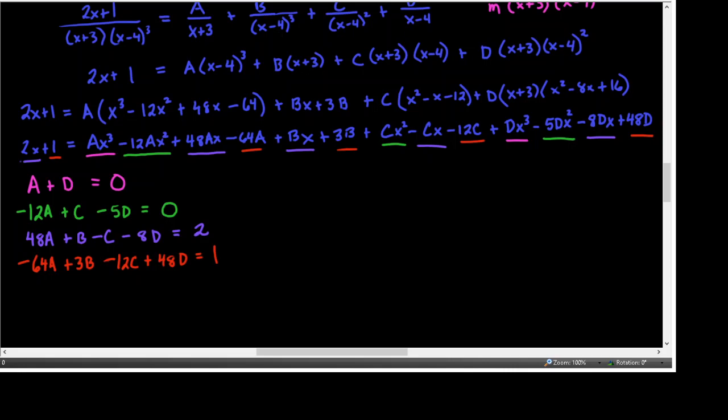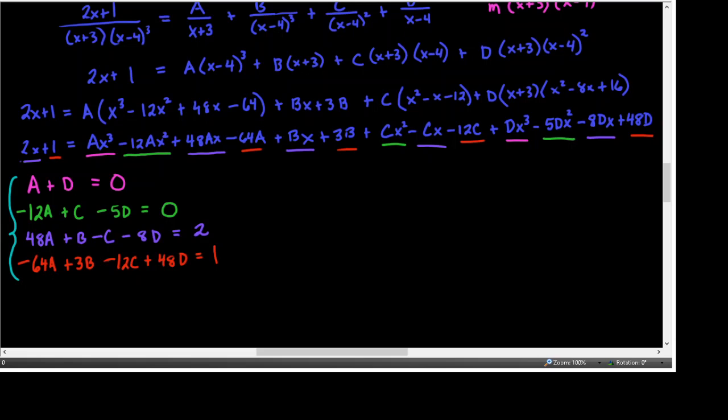Now, what this has formed, of course, is what we call from algebra a system of equations. Our system of equations has 4 equations with 4 unknowns, a, b, c, and d. To solve that, we could do a bunch of different things.